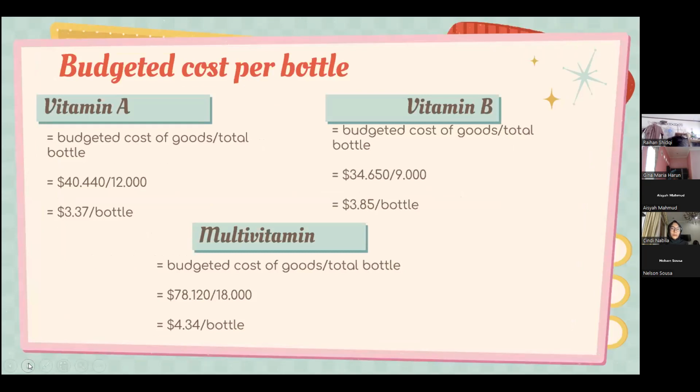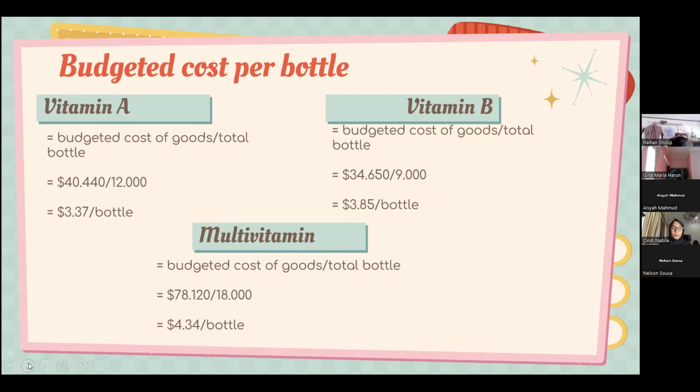Next, we have the budgeted cost per bottle. For vitamin A, the formula is budgeted cost of goods divided by total bottles. So it's $40,440 divided by 12,000, and then we get $3.37 per bottle.